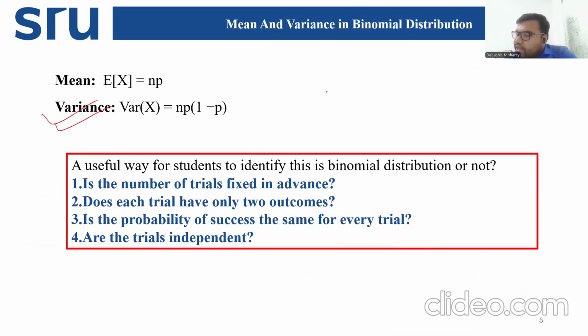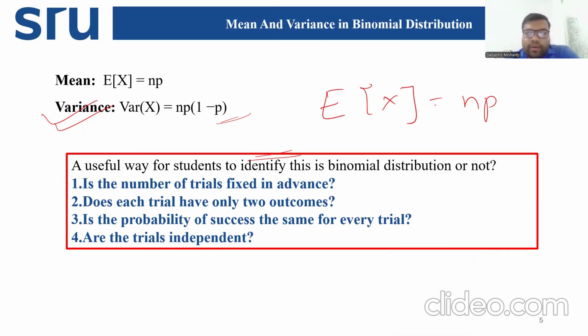The mean, E of X, meaning the expectation of X, is calculated as n times p, where n is the number of trials and p is the probability of success. Similarly, the variance is np times 1 minus p. That is, the mean np is multiplied with 1 minus p, the probability of failure in a single trial.